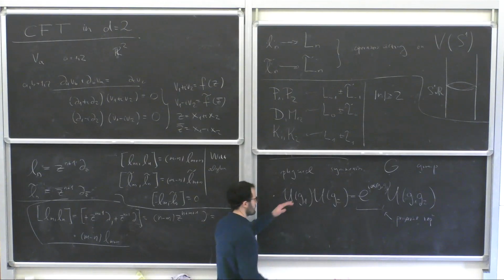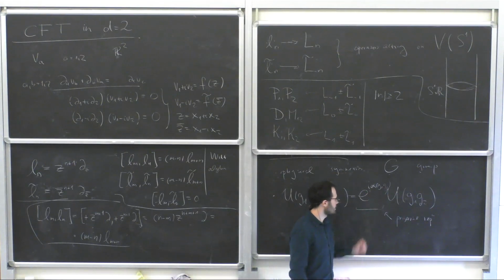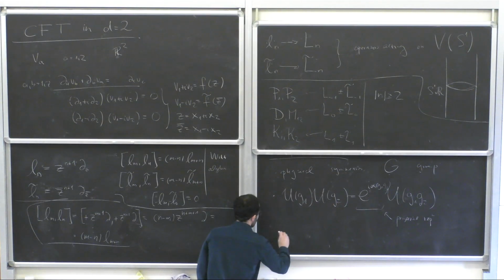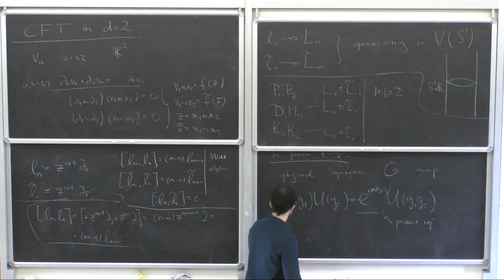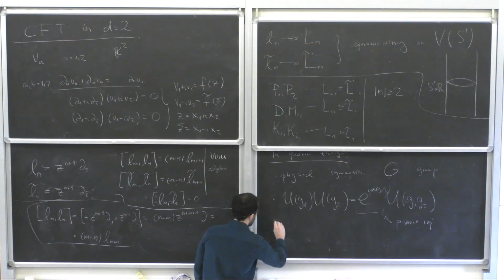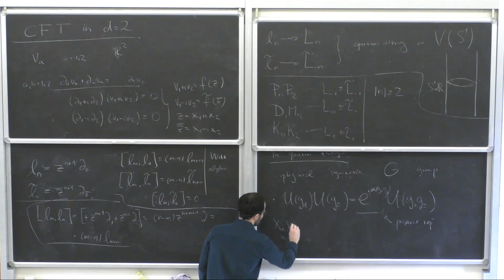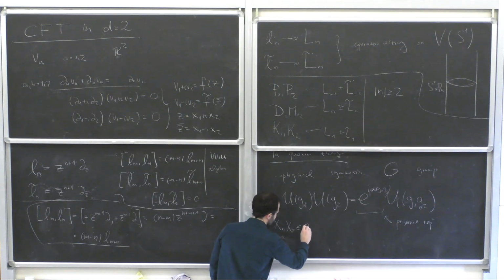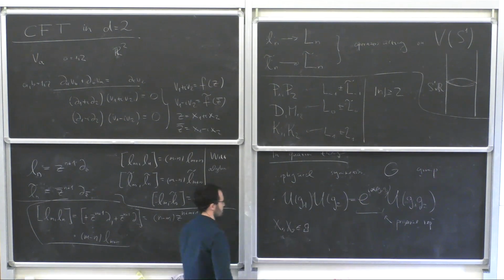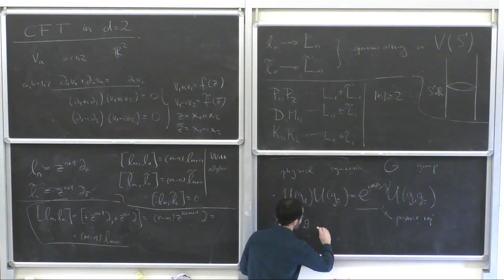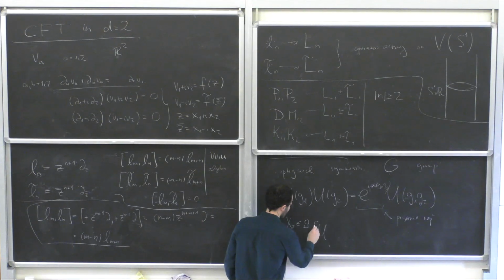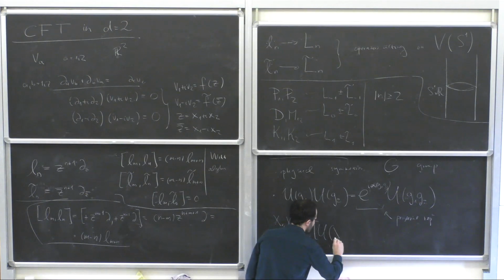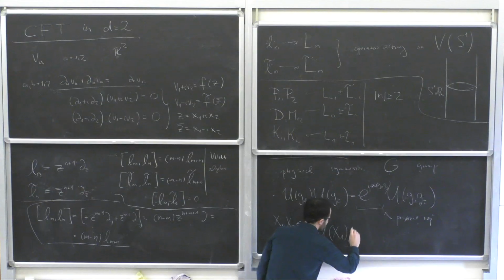So this is how this modification looks at the level of the group. At the level of the Lie algebra, let's imagine that x1 and x2 are in the Lie algebra. Then at the level of the Lie algebra, this failure of the homomorphism property would look like this, right?